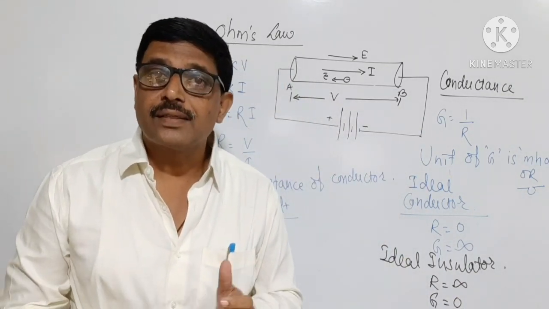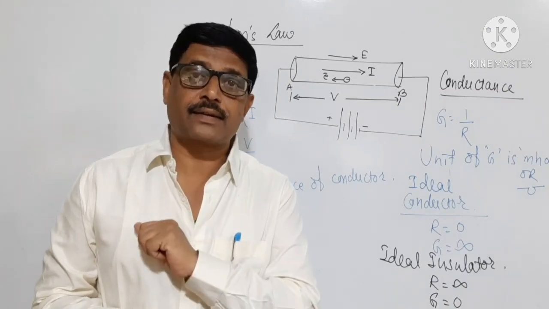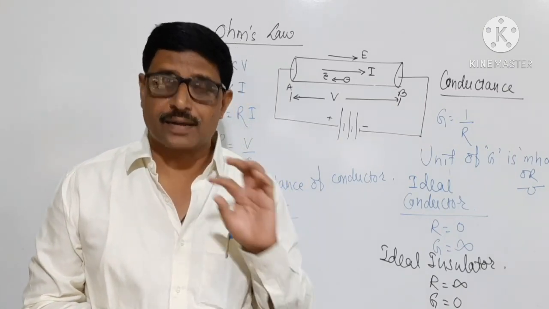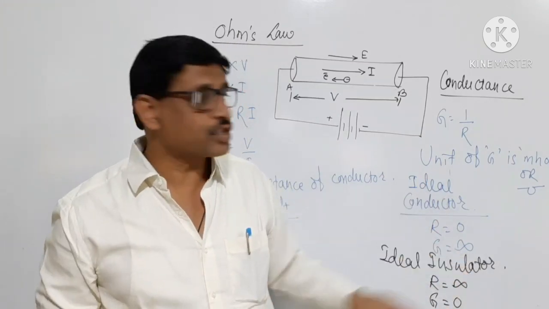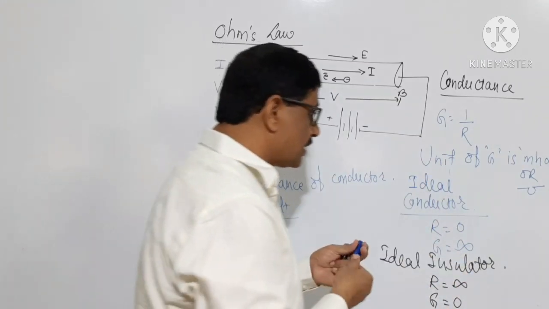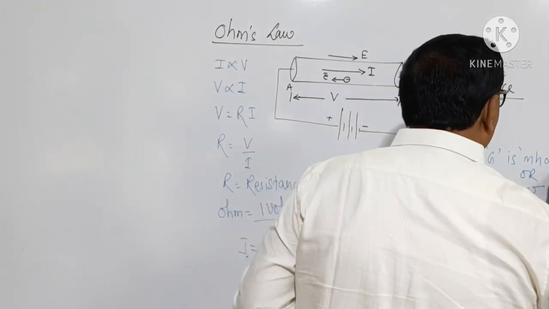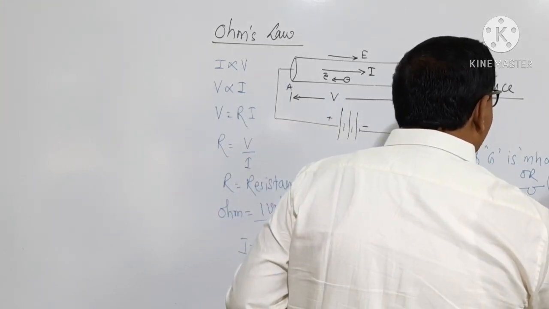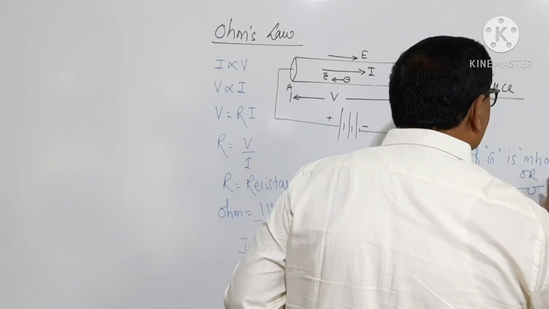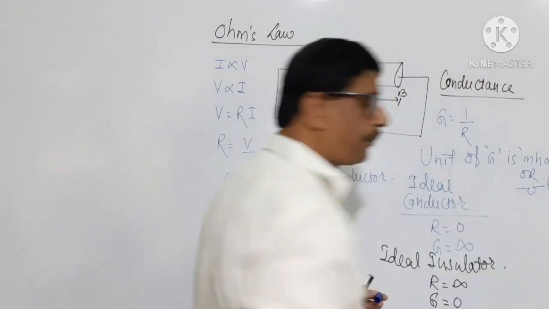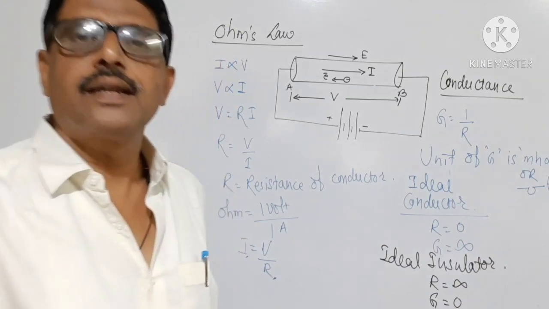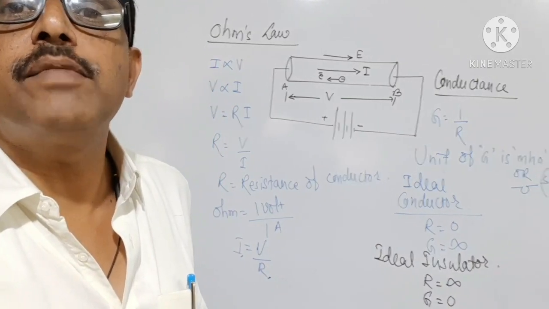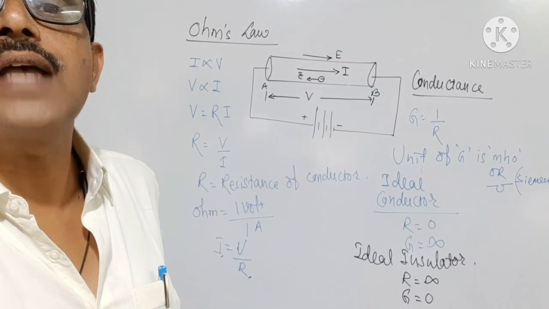This is about the resistance and conductance of a conductor, which are reciprocal of each other. This mho can also be said to be Siemens. The unit of conductance is Siemens. It can also be said to be a Siemens.